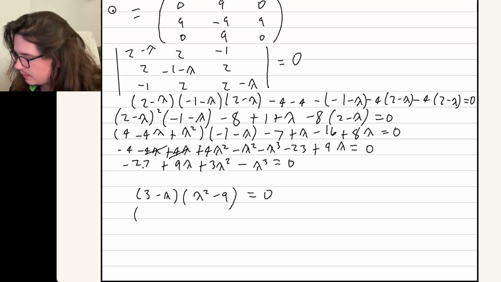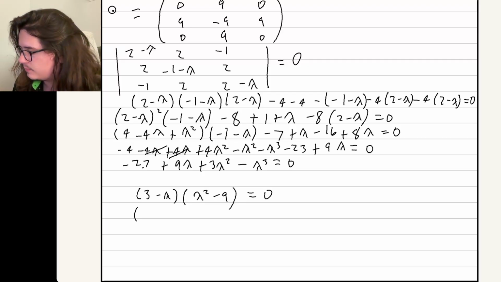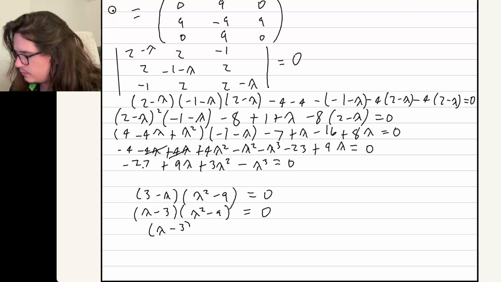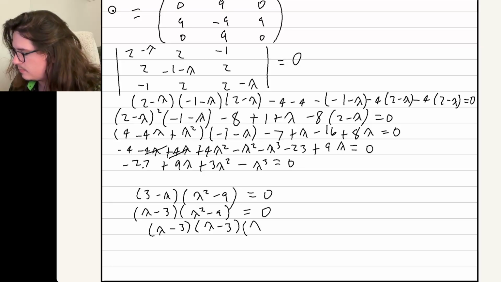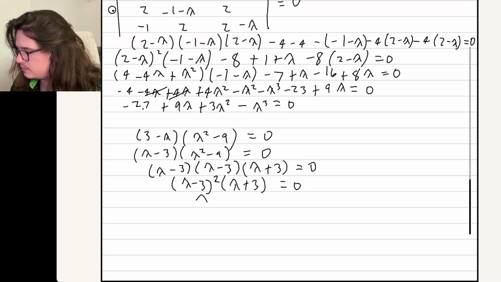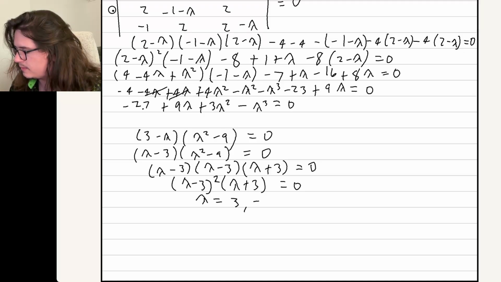Then I'm going to divide by minus 1, which is a perfectly legal move, and just flip the sign of the first of those because it's cool and funny to do it that way. And then you factor the quadratic term because it is just a difference of squares. You get lambda minus 3, lambda plus 3. So you have lambda minus 3 squared times lambda plus 3, which means you do have at least 2 eigenvalues, which are 3 and minus 3.